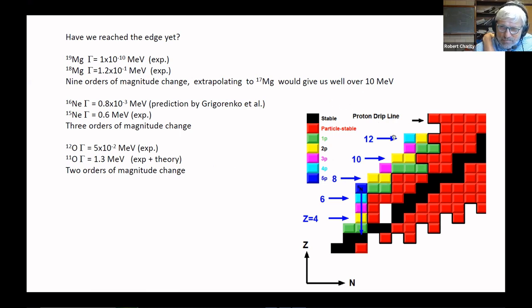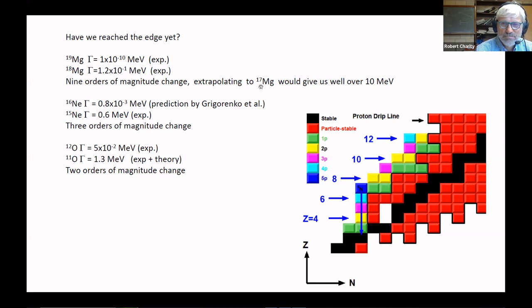And remember these maximum widths I talked about. So let's look at the magnesiums. Magnesium 19, this is experimental width. Sorry, 19, and then the next one, magnesium 18. This is experimental width, measured at GSI, we measured that. There was a 9 orders of magnitude change in going from 19 to 18.